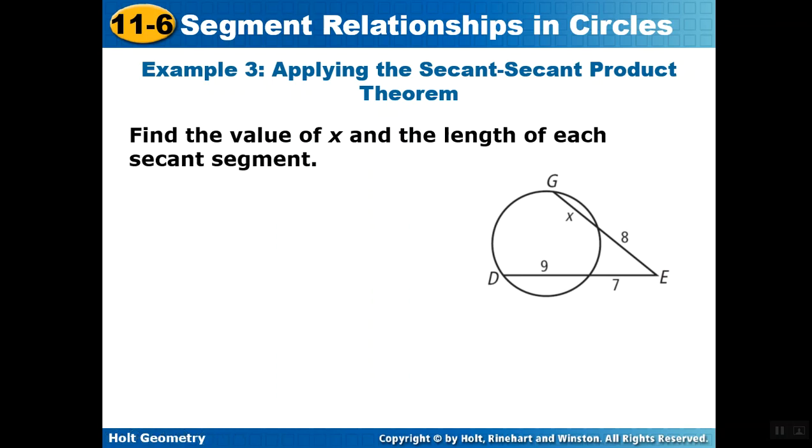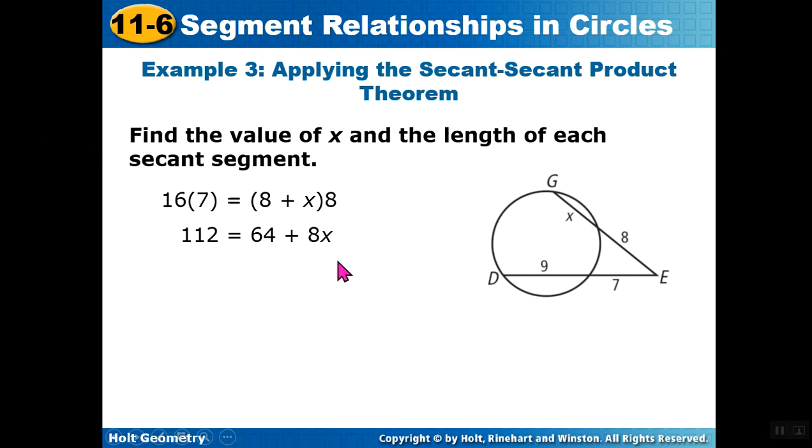So to find x, we will write the application of the theorem. Now we will say that GE, the whole, times the exterior part, which is 8, is equal to the whole secant segment, which is DE, times the exterior part. So we started from here.